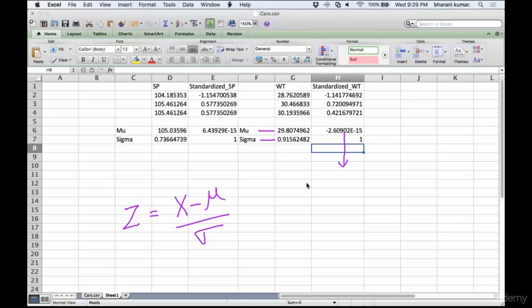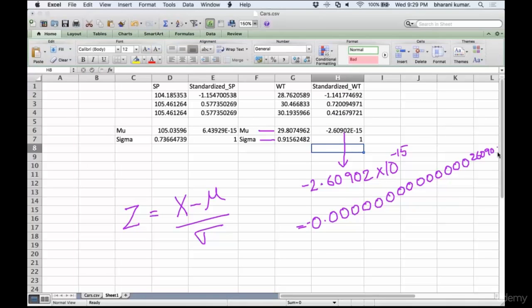If that is what you're assuming, then let me tell you that this can be written as minus 2.60902 multiplied by 10 raised to the power minus 15, because you have minus 15 there. And again, the same logic follows. You need to put in 15 zeros or 14 zeros and 2. So it will be minus 0.1, 2, 3, 4, 5, 6, 7, 8, 9, 10, 11, 12, 13, 14, 2, 6, 0, 9, 0, 2, and this is approximately equal to 0.